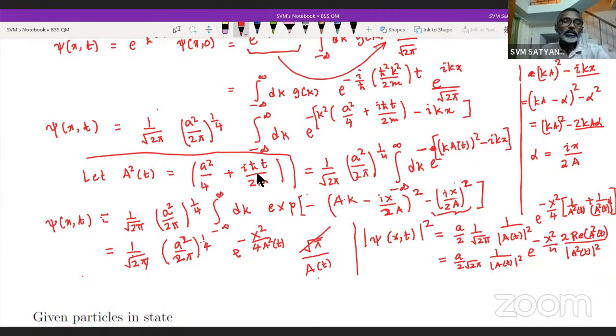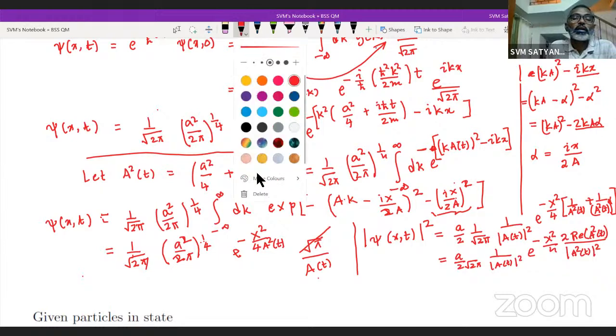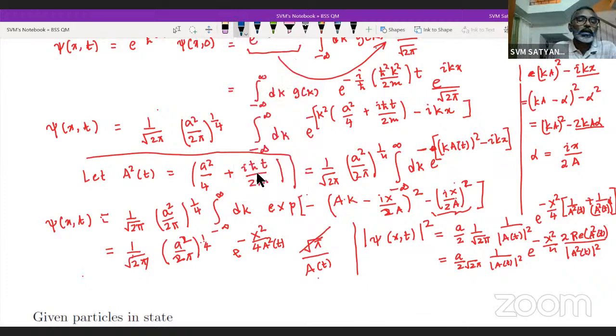Now from here you can find out 2 times real part of a square of t is equal to a square by, so that is the numerator part here.